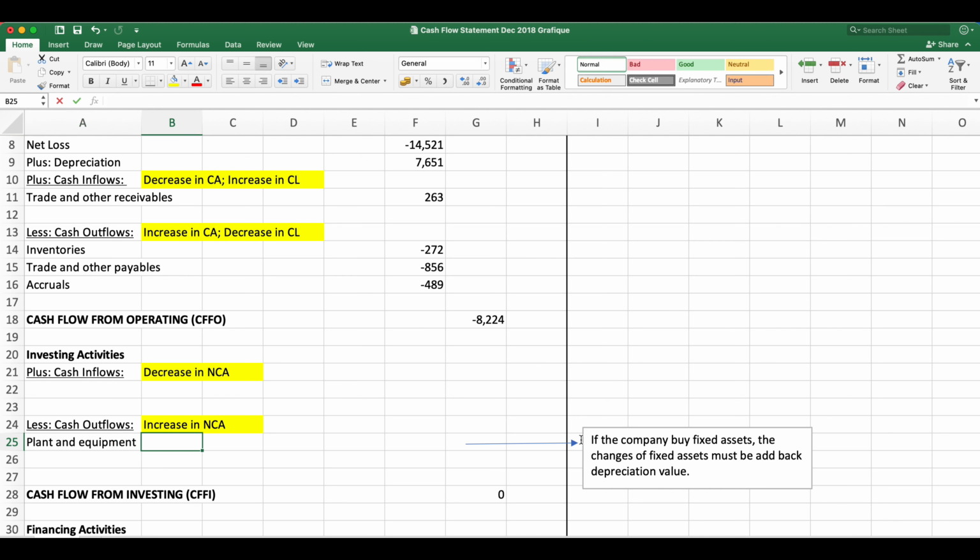But then we have to add back the depreciation value. So the change just now, 8911, we add back with the depreciation value, which is 7651. Okay, we just add back 7651. Alright, and then we are going to record here the cash outflow, negative 16,562.